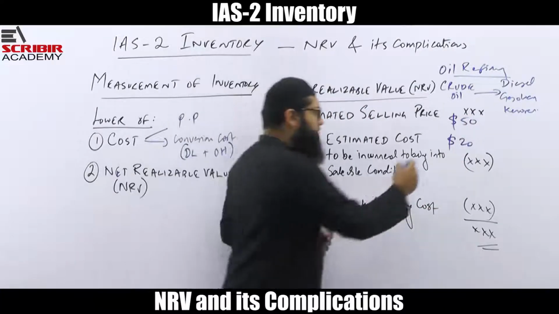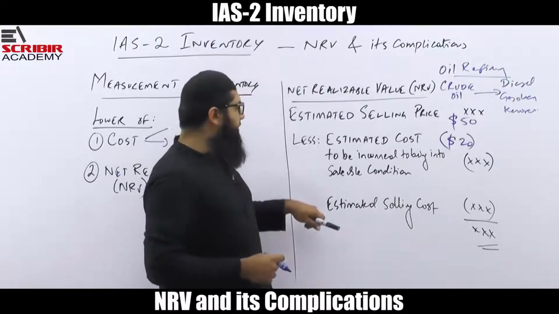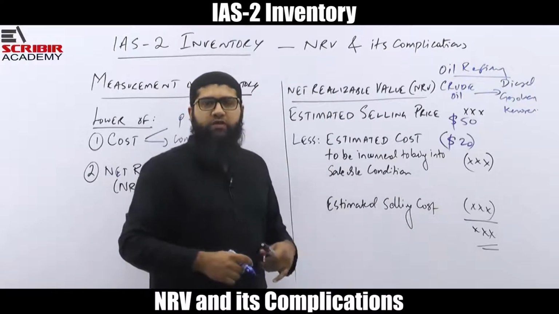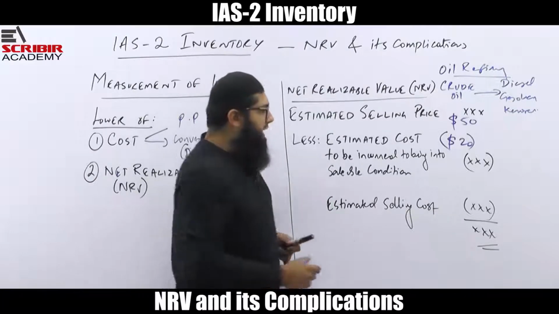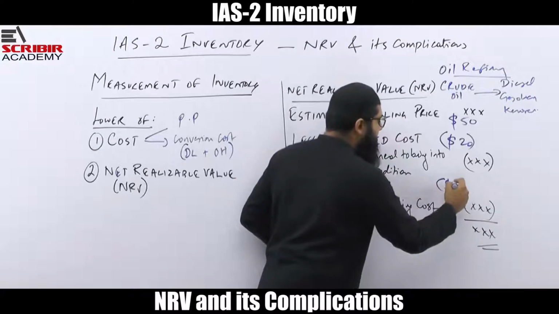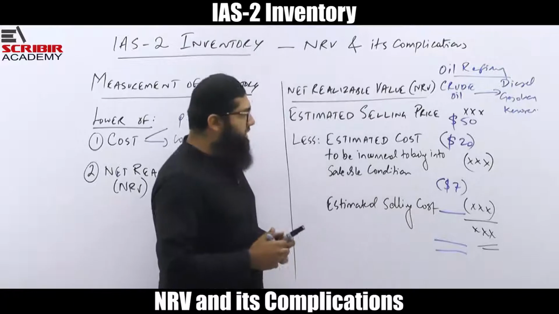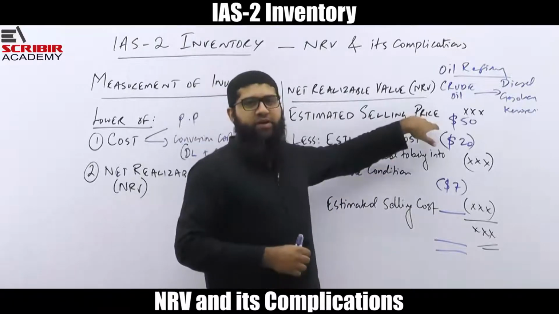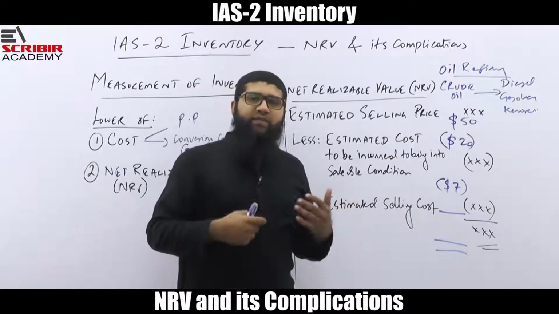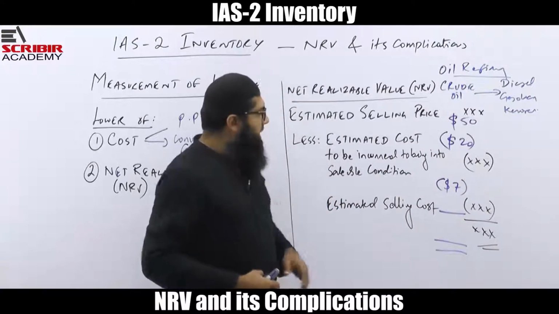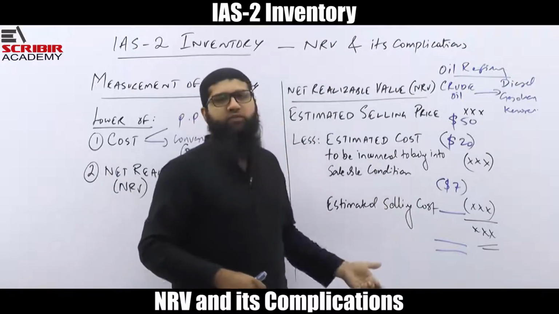We now also need to establish what is going to be the estimated selling cost which will be incurred in order to enable the sale of this inventory. Assume that the estimated selling cost is going to be $7. On the basis of this, you will get $50 as the estimated selling price, $20 is the extra cost to bring this inventory into saleable condition, and this $7 is the cost that would be incurred in order to make the sale of this inventory.